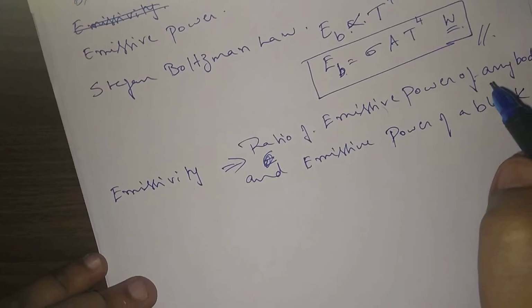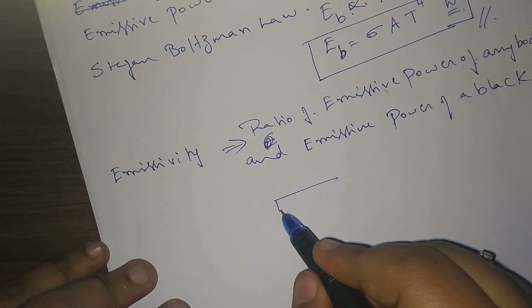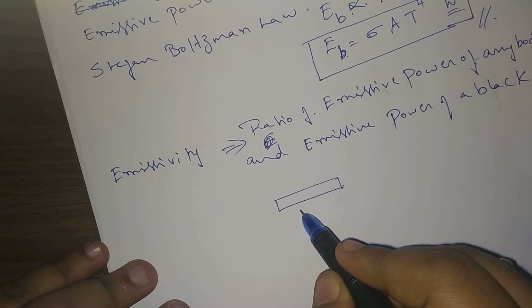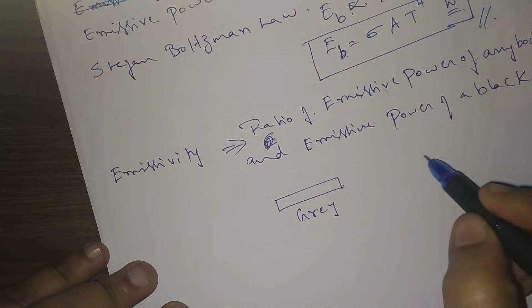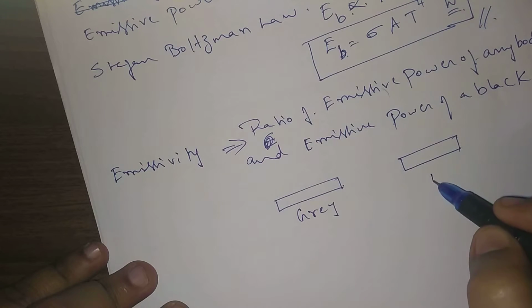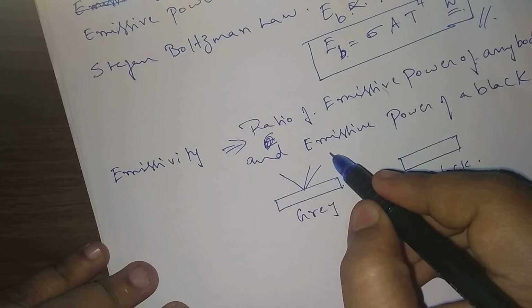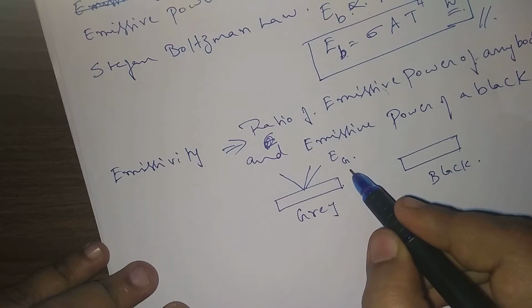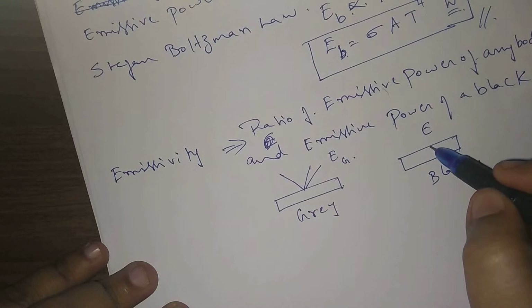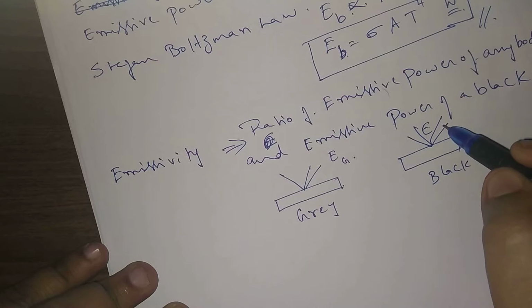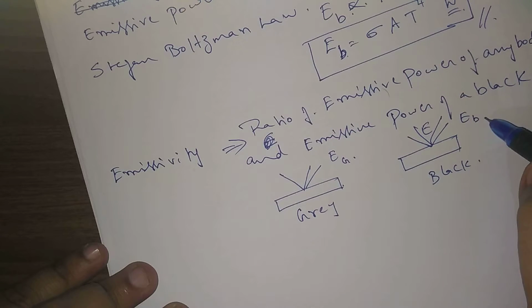That means you have two bodies. Suppose this is a gray body and this is a black body. This one is emitting radiation with a certain E_g, and this black body is emitting E_b.